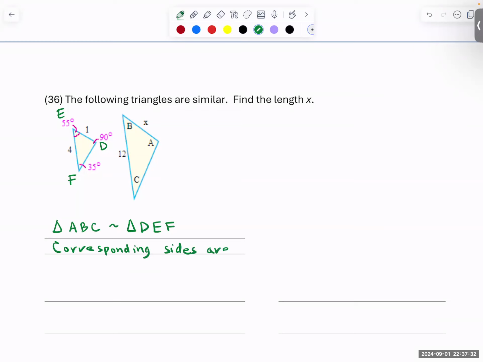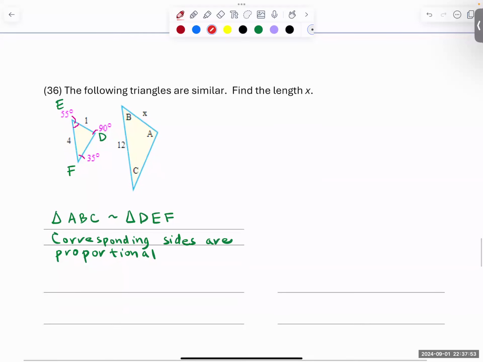That means we can write a proportion, which is two equal ratios. Now we want to solve for x, so we want to compare x to 1, or side AB compared to side DE, and write the equation x is to 1 as 12 is to 4.